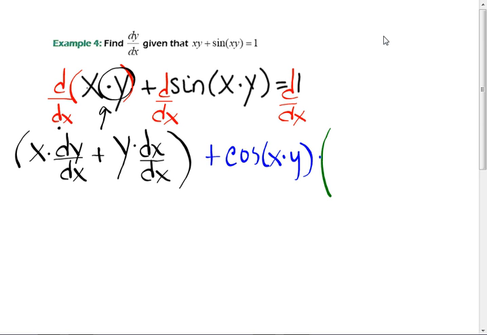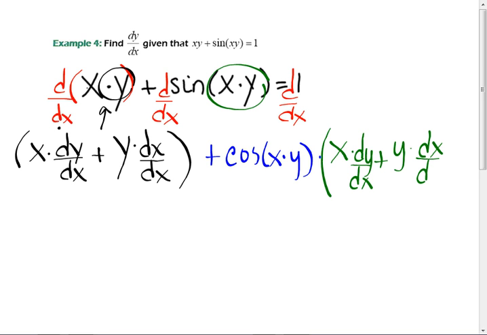So it's x, the first one, times the derivative of the second. Well, I don't know what to do with dy dx. That's just what it is. Plus the second one times the derivative of x with respect to x. We know that's 1. And the derivative of my constant is 0.